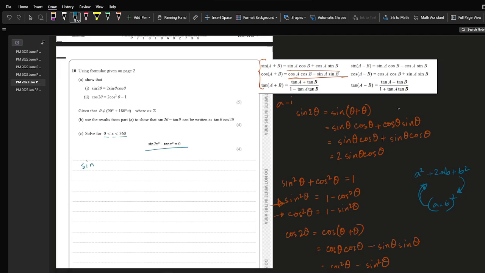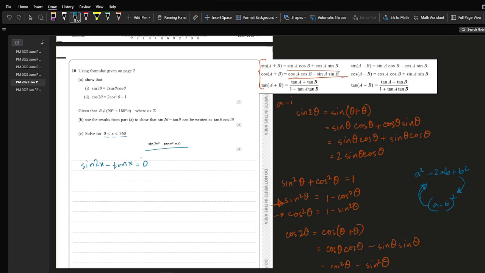So sine 2x minus sin x is equal to 0. Now we have to solve this, but in order to solve this we would have to bring it to factorized form and then take each factor as 0. But how are we going to do that?